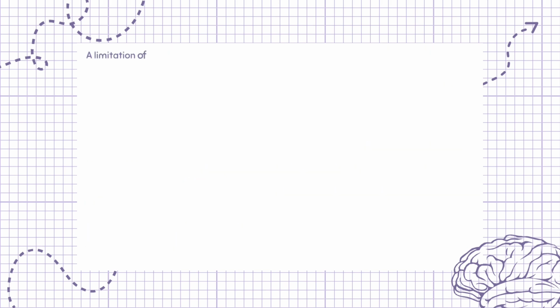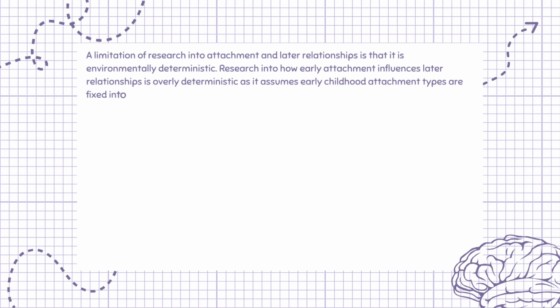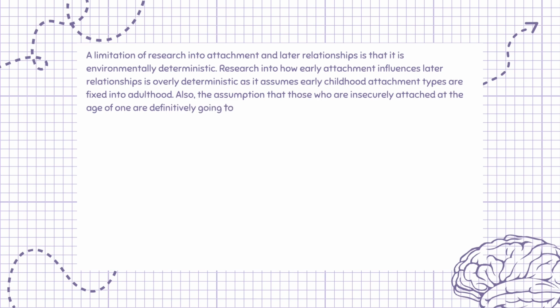A limitation of research into attachment and later relationships is that it is environmentally deterministic. Research into how early attachment influences later relationships is overly deterministic as it assumes early childhood attachment types are fixed into adulthood. Also, the assumption that those who are insecurely attached at the age of 1 are definitively going to experience emotional unhappiness in relationships as adults is clearly incorrect.